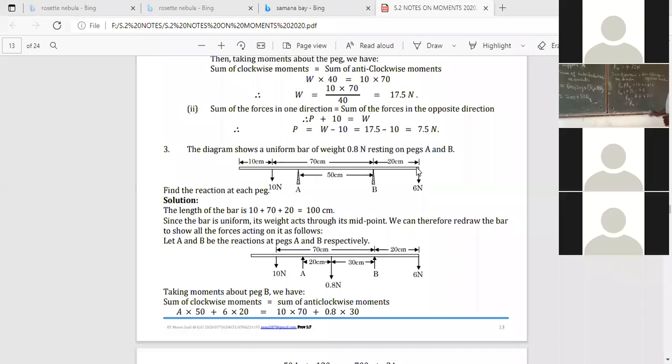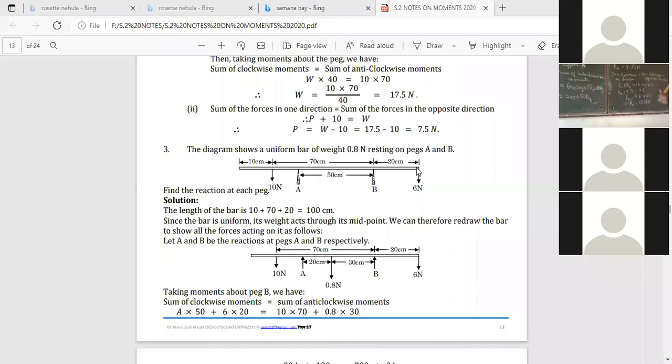So what have we discovered? Moments can be taken about any suitable point. The moment you are correct with your conditions, you always get the same answers. So for convenience, we always select the pivots.